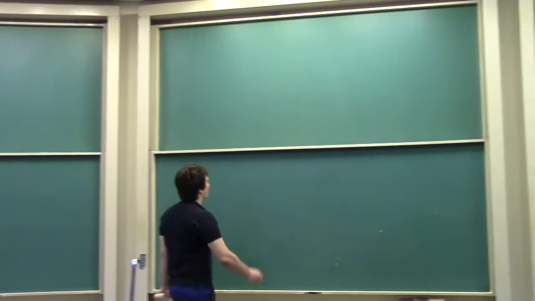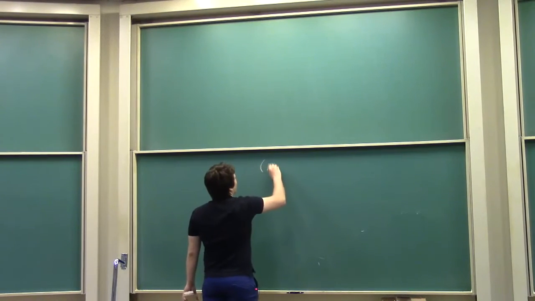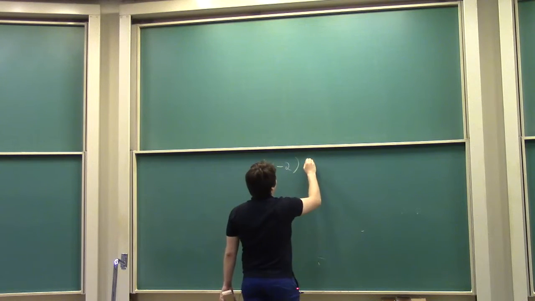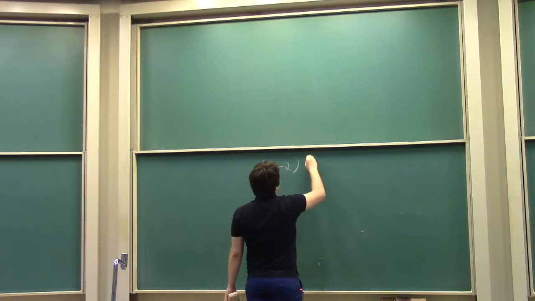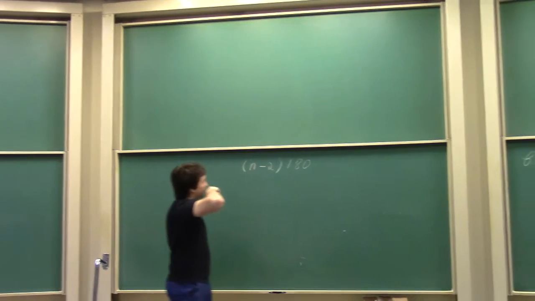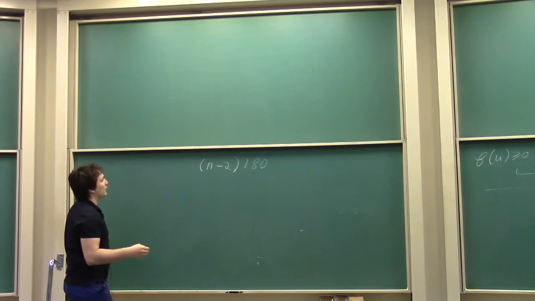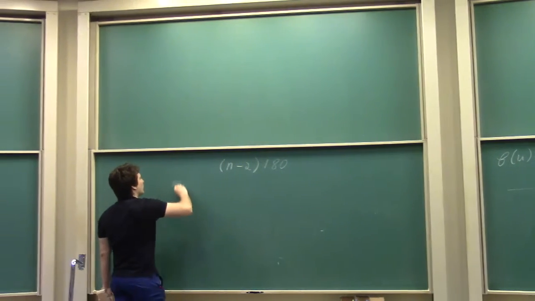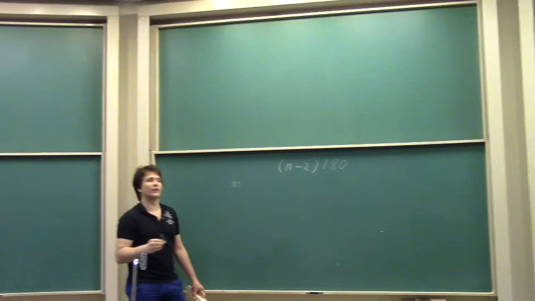What we know is that the sum of all angles in a polygon will be equal to n minus 2 multiplied by 180. Also, now we want at least m angles that are 90 degrees.